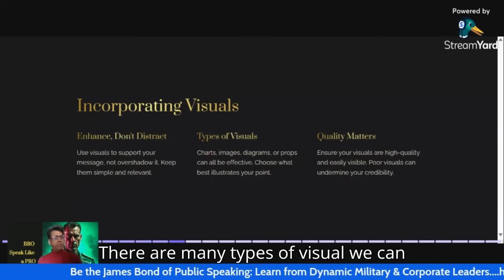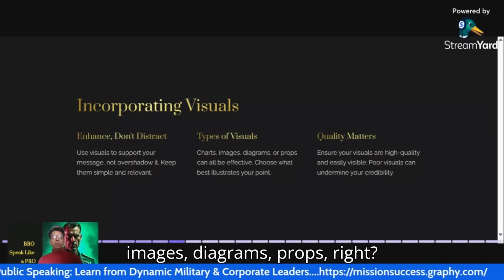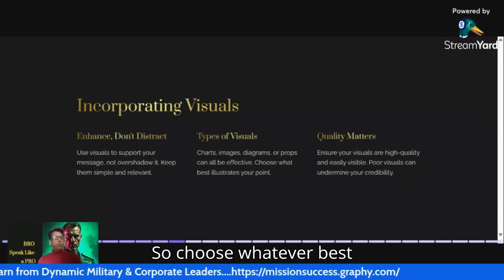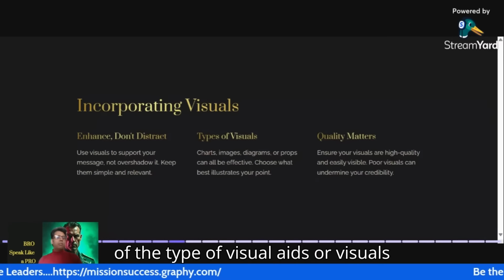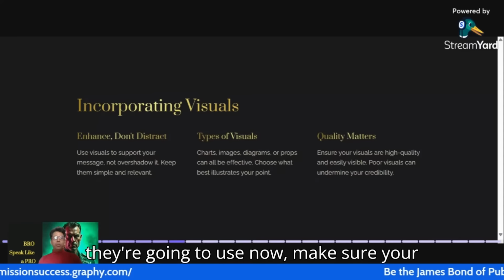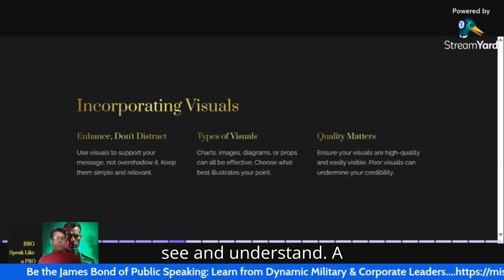There are many types of visuals we can use. It could be charts, it could be images, diagrams, props, right? So choose whatever best illustrates your message. Regardless of the type of visual aids you're going to use, make sure your visuals are of good quality and easy for the audience to see and understand.